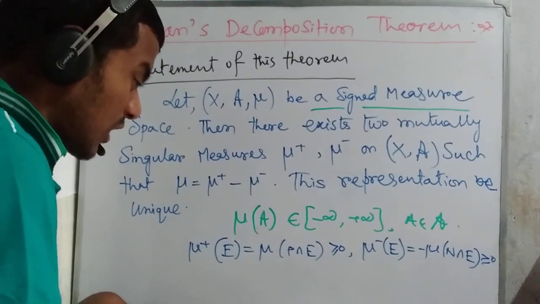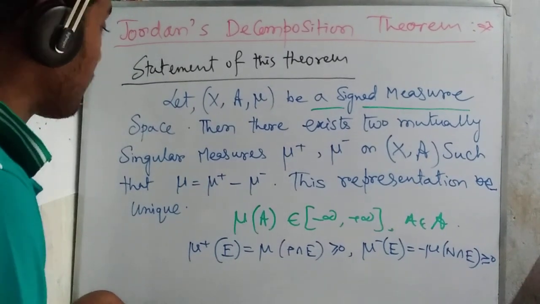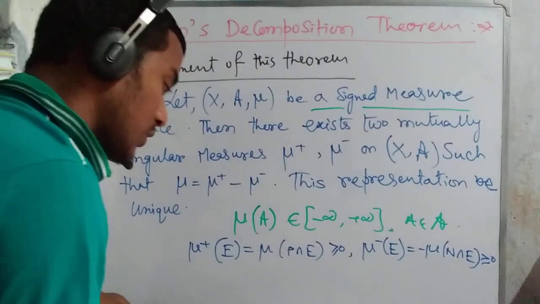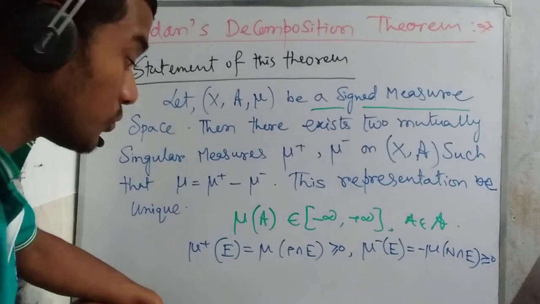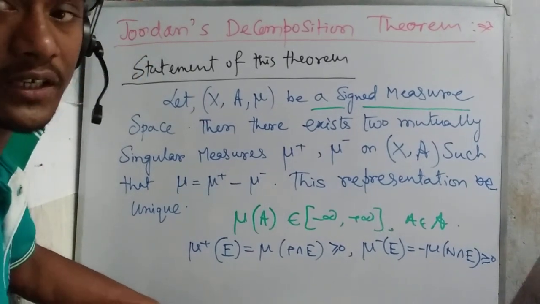Then we also talk about this representation being unique. In the Hahn decomposition theorem, we showed that the set decomposes into disjoint sets, a positive set and a negative set.